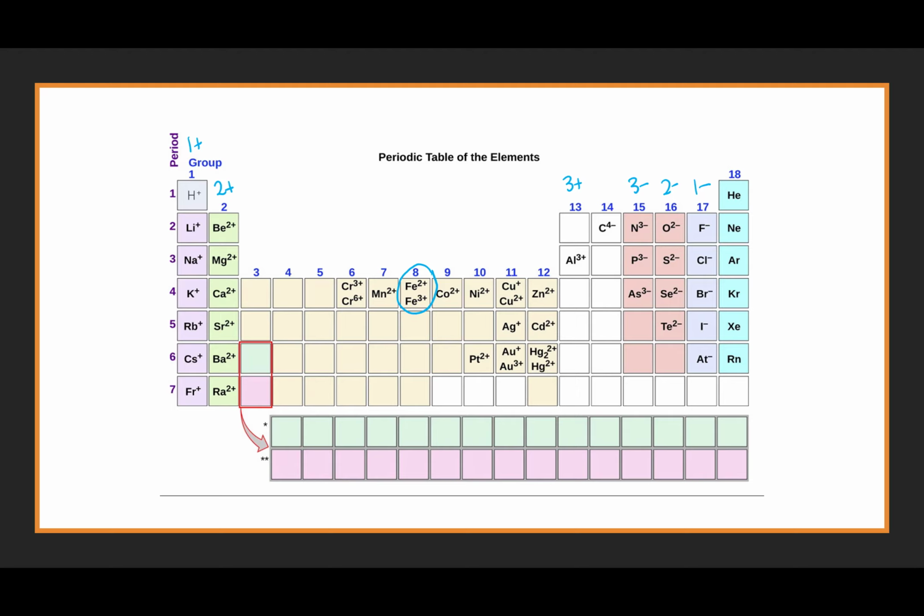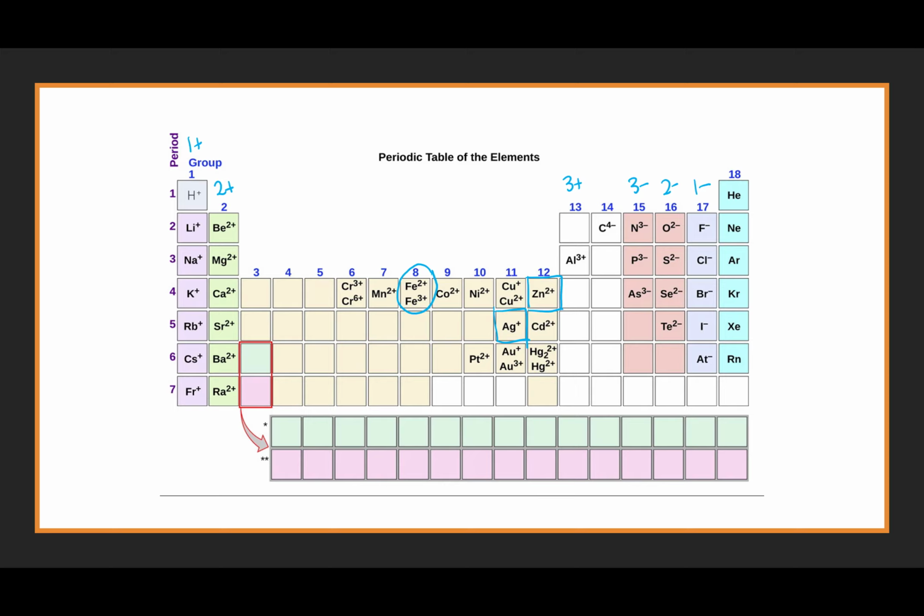Now, one thing to note at this stage is that zinc and silver are special cases that we need to remember. They both are not multivalent, even though they are transition metals. Zinc will always be found in a 2+ charge and silver as a 1+.